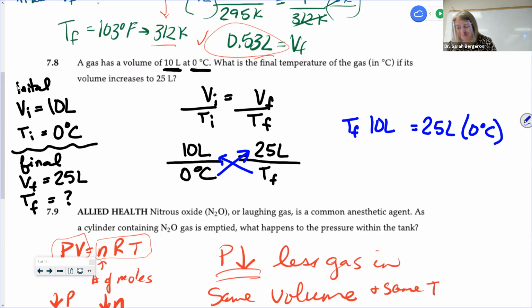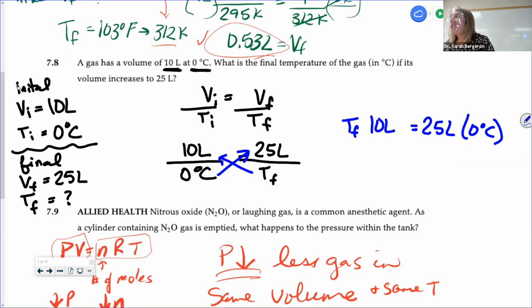So what do you get? What's the problem? What happens when you multiply by 0? You're going to get 0. Does that make sense? It doesn't make sense. This is why you can't always use Celsius, because in these equations, if you have a temperature of 0, you can't do the math.